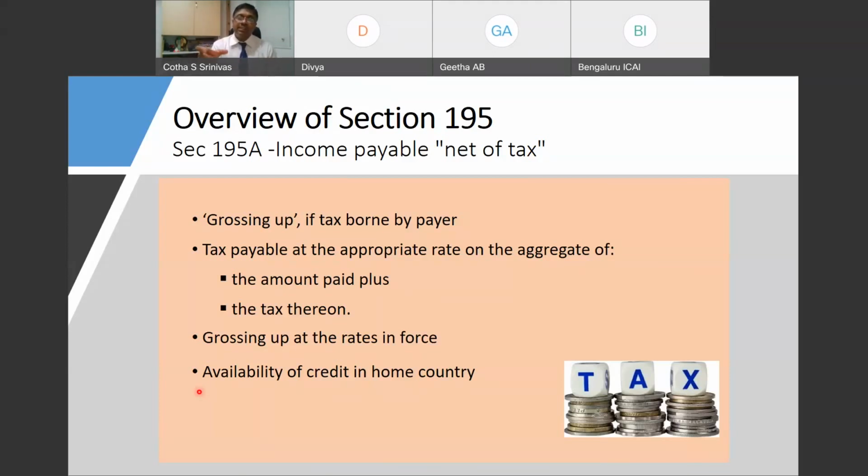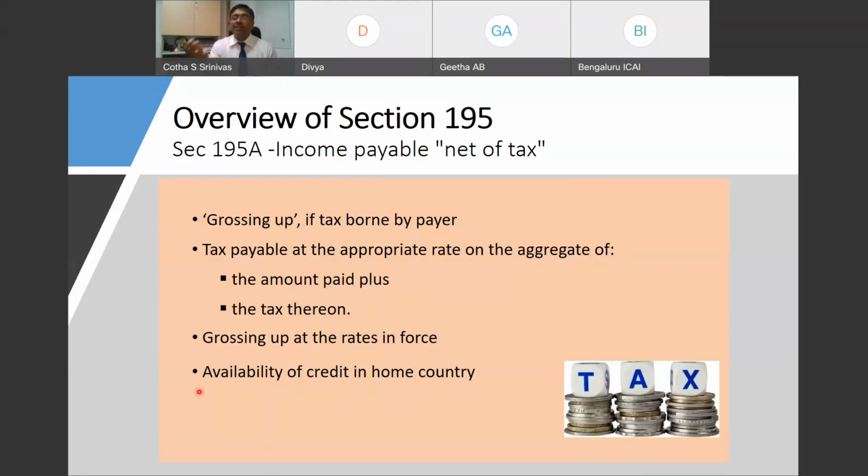In this example, I said 10,000 is the payment, 10% is the TDS rate. So after deducting 1,000, you have to remit 9,000. So what you have to remit is 90%. Now for grossing up, you should take 10,000 US dollars as 90%. So if you take 10,000 divided by 90%, you will get 11,111.